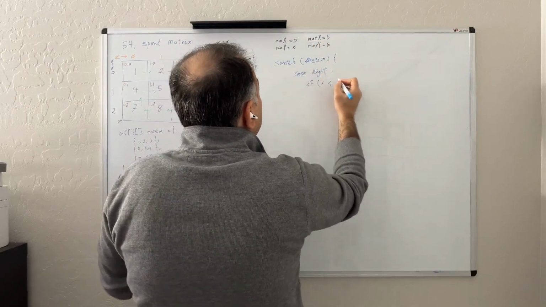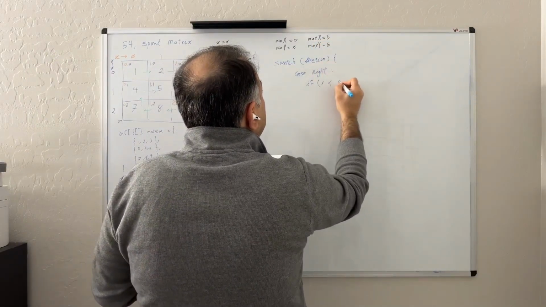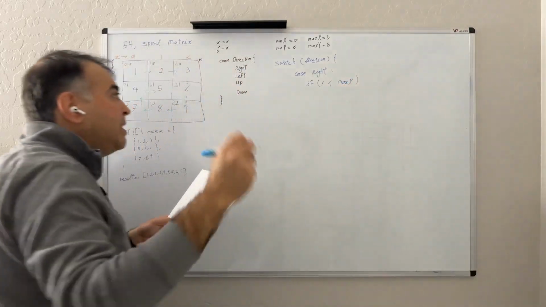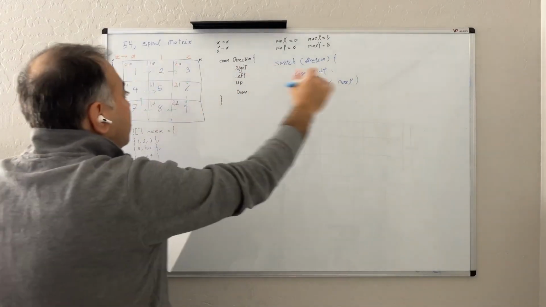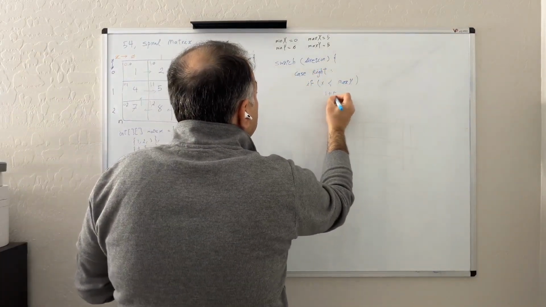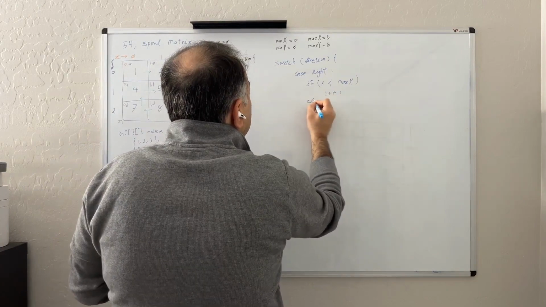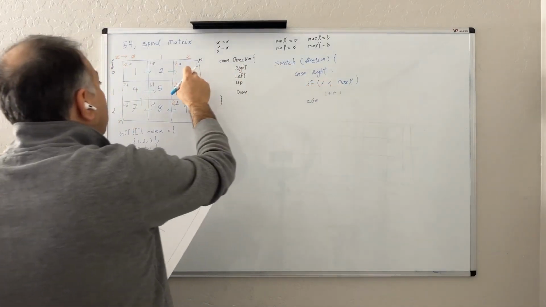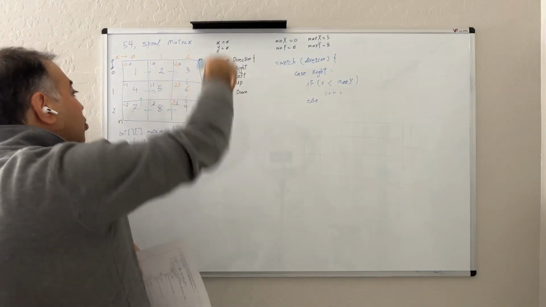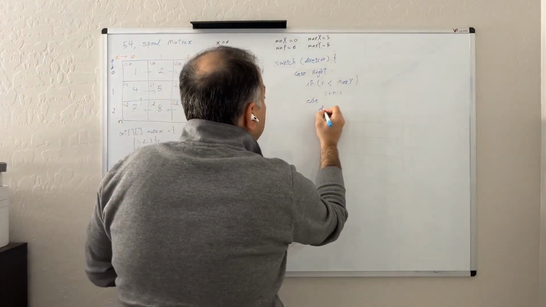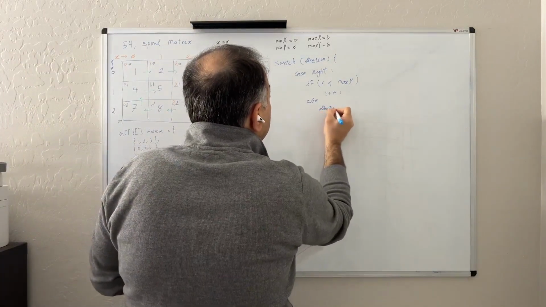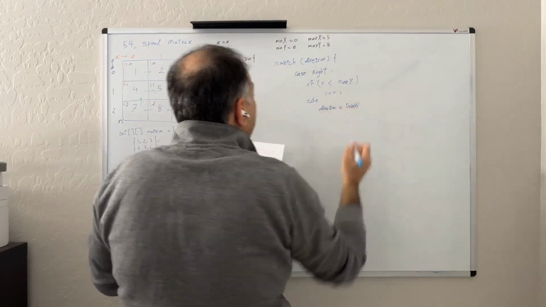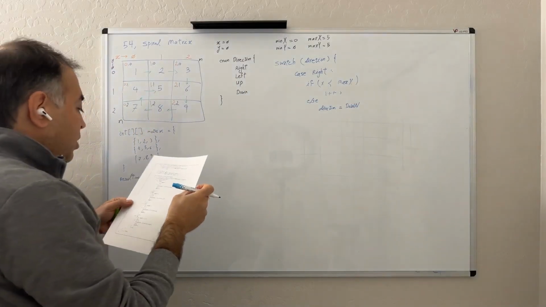So this works as long as x is less than maximum x. If x is less than maximum x, we can increase the x. In the other case, if x is equal to maximum x, we know that we are at this element, so we need to go down. So we need to change the direction to down.